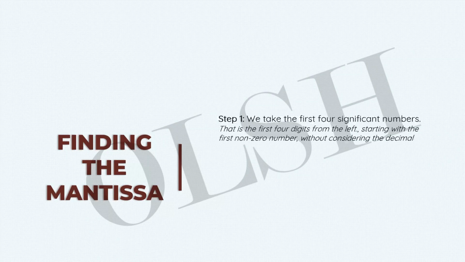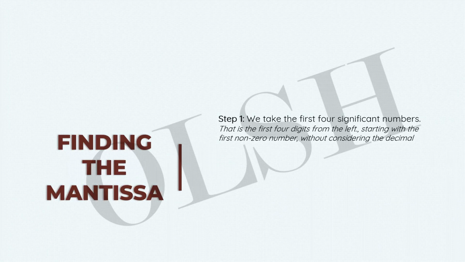Finding the mantissa. The first step to finding the mantissa will be for us to take the first 4 significant figures from the numbers we have. This is the first 4 digits from the left, starting with the first non-zero number. So we don't have to consider the decimal.